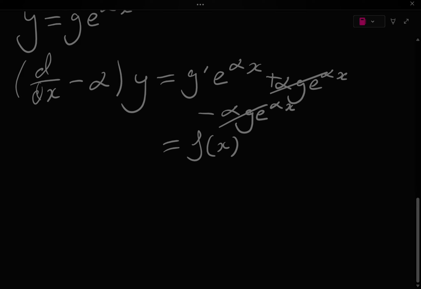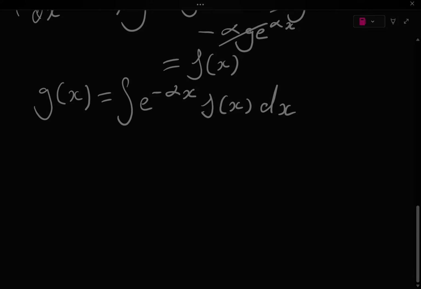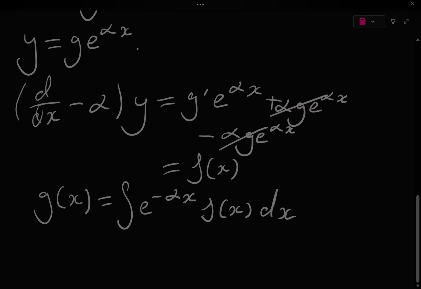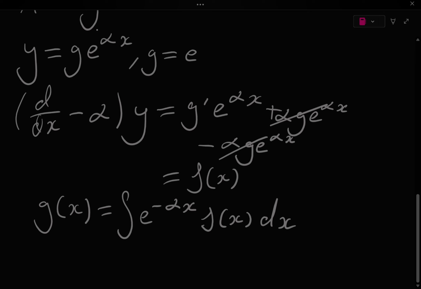Now, we must solve for what g is. This is quite easily seen to be g of x equals the integral e to the negative alpha x times f of x dx. Now, recall that we wrote y equals g e to the alpha x. We may also write here that g equals e to the negative alpha x times y.